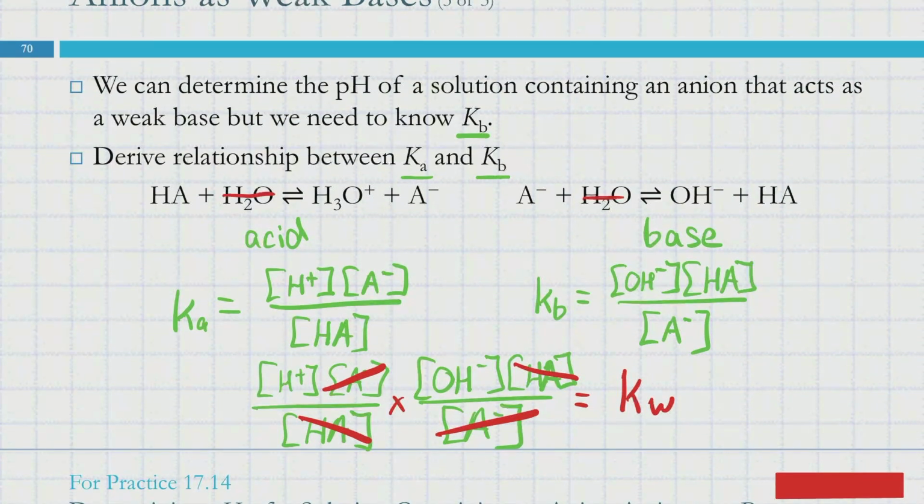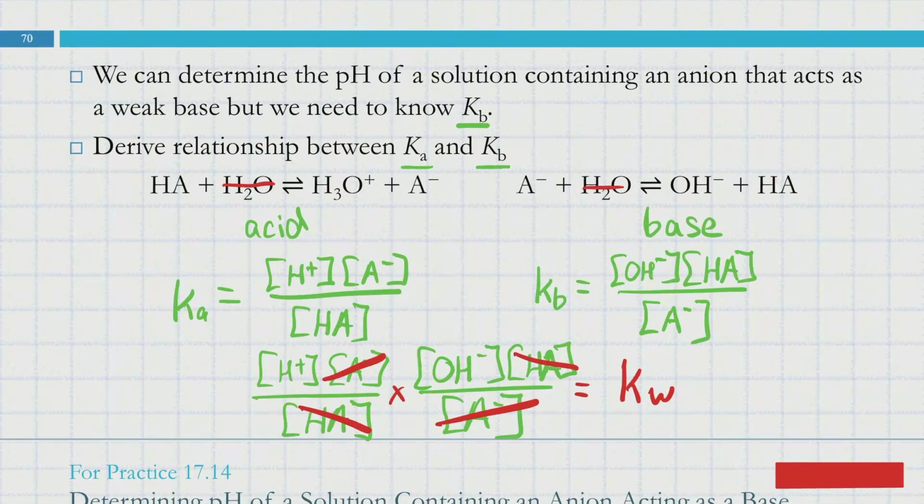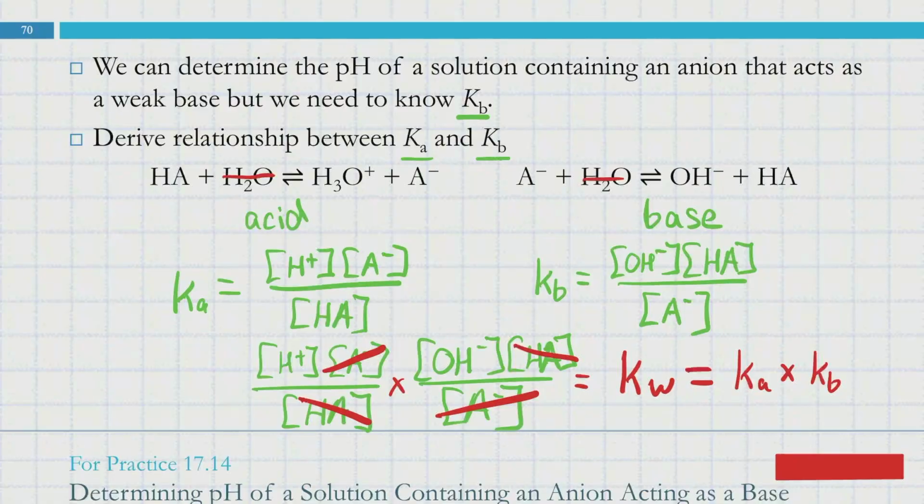So the relationship that we're showing here is that Kw is equal to Ka times Kb. And this is really helpful because if we have a Ka value, we know what Kw is, at least at 25 degrees Celsius.